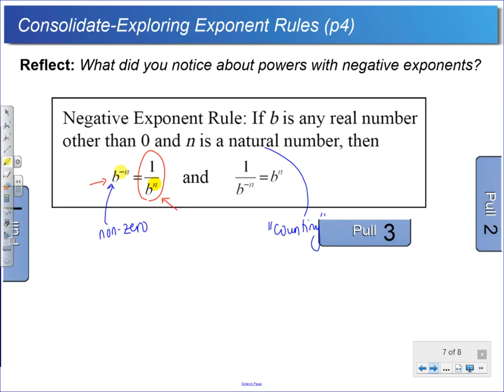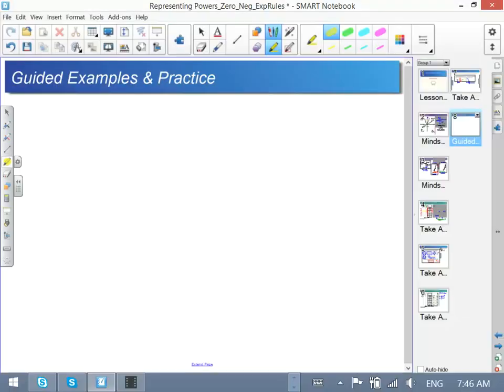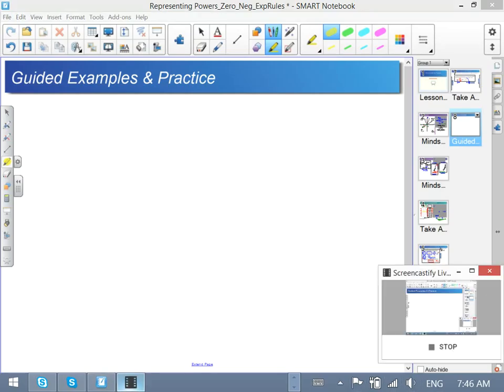So if you start with a fraction that has a negative exponent in the denominator, what you're going to do is flip that and express it as a power with a positive exponent. Okay? So coming up after this, not within this video, will be some guided examples and a little bit of practice that you can use to make sure that you fully understand and can apply the concepts of 0 and negative exponents.